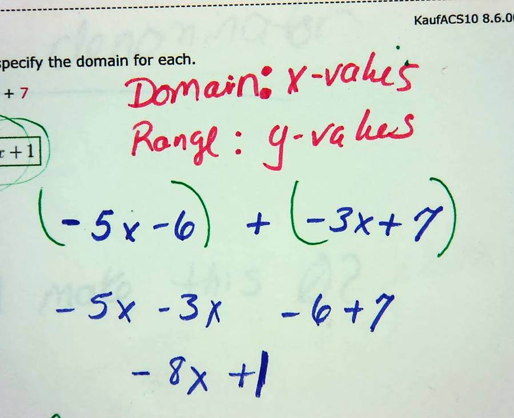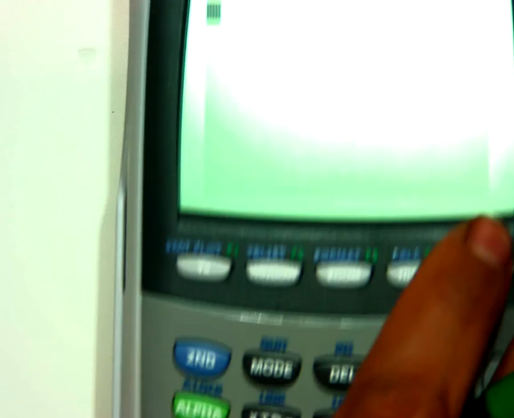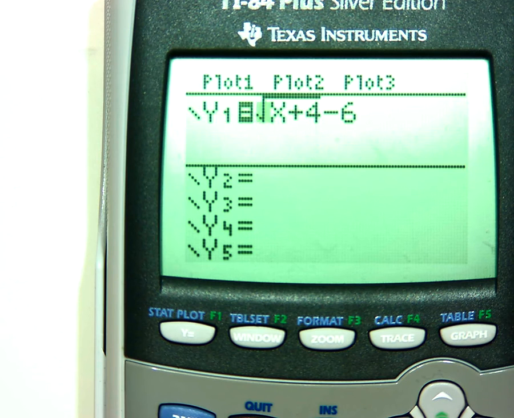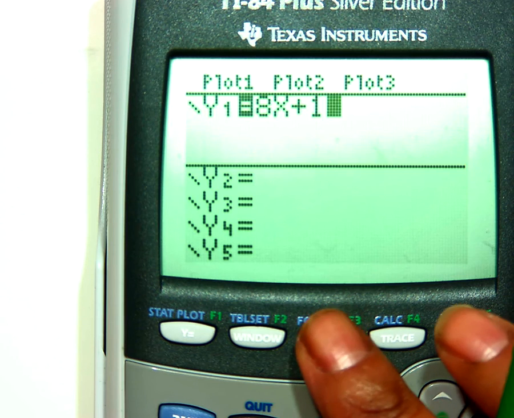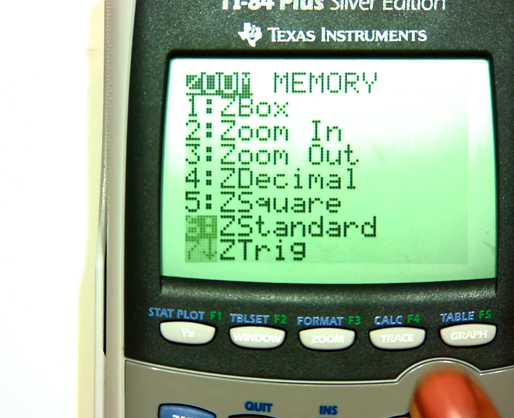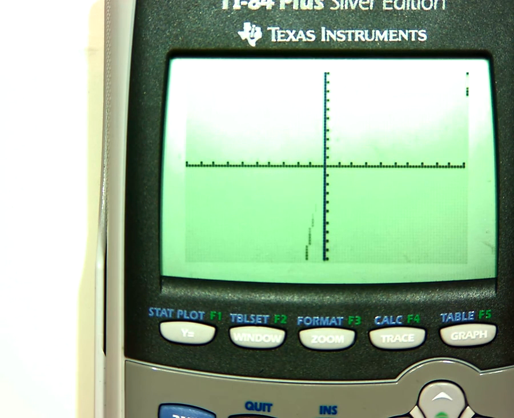But now we have to determine what the range and domains are. So going back to your calculator, I'm going to hit the Y key, hit clear. Now I'm going to type in -8x plus 1. Go to zoom standard, and then you have a line.